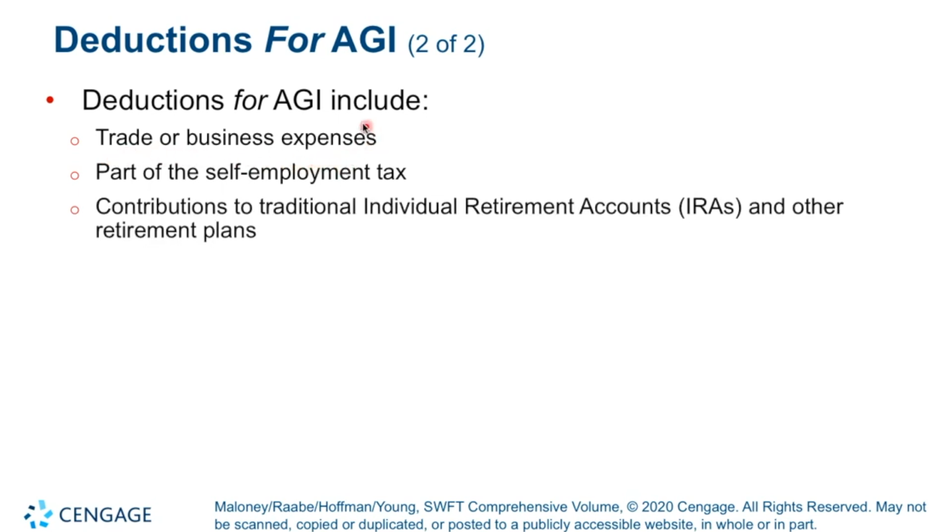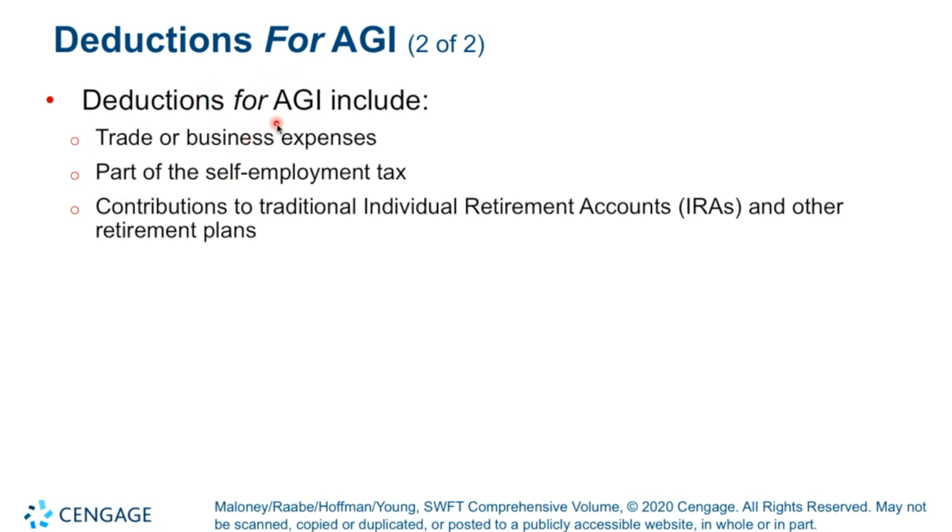Trade or business expenses are deducted from the income directly, and then the net amount flows into the tax return. Then further down on the tax return after total income, we have a few specific deductions for AGI. These are going to be more valuable than deducting things from AGI, right?